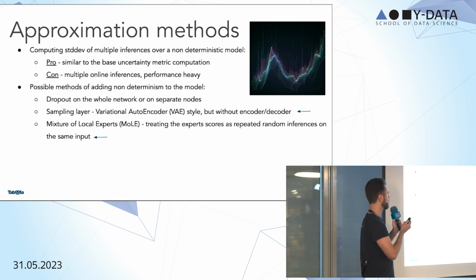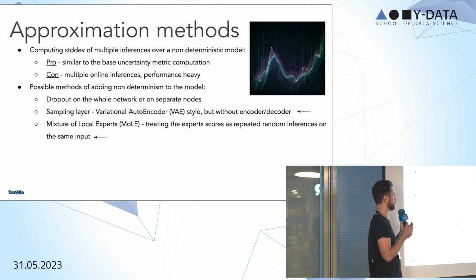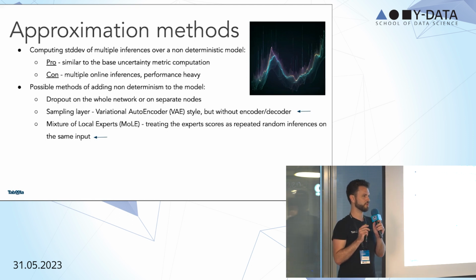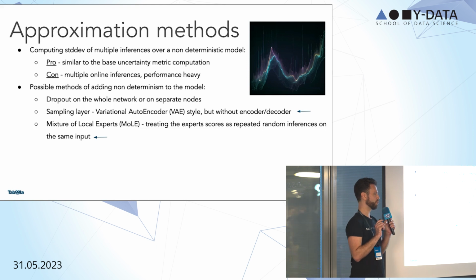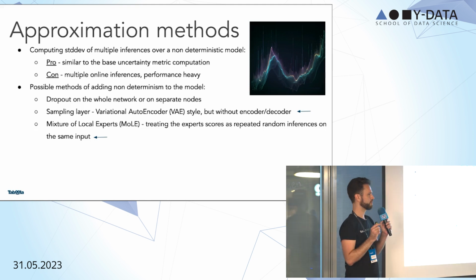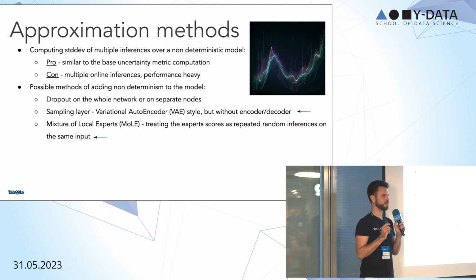So what are possible methods of adding non-determinism to our model? One method is dropout on the whole network or on separate nodes. For those who don't know what dropout is, a quick reminder: during training of the neural network, we drop all the neurons or a chosen subset of neurons with some kind of probability, which forces the network to generalize more.